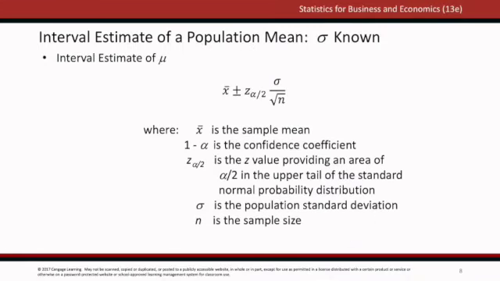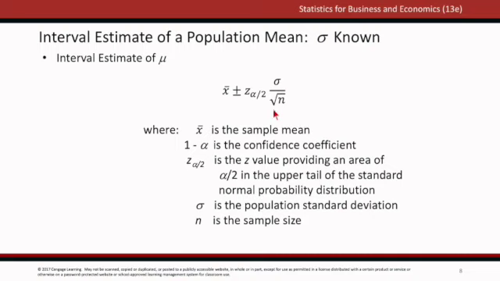In this slide, we give a detailed description of how to calculate the interval estimate for mu and how to calculate the margin of error. So remember that the interval estimate is built by taking the point estimate and then adding and subtracting the margin of error, and this is the formula we're going to use to calculate the margin of error.